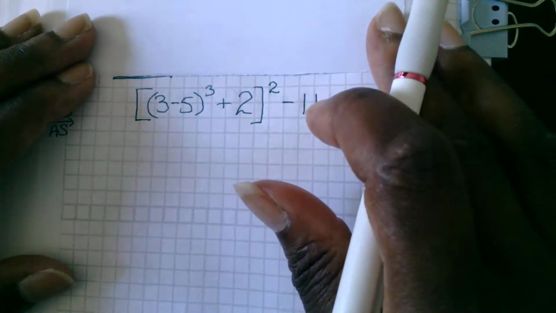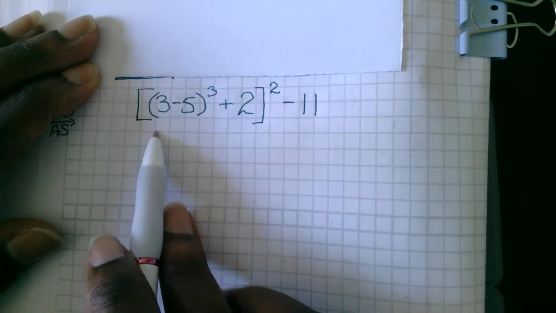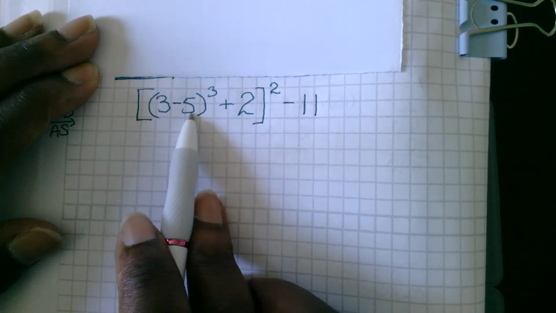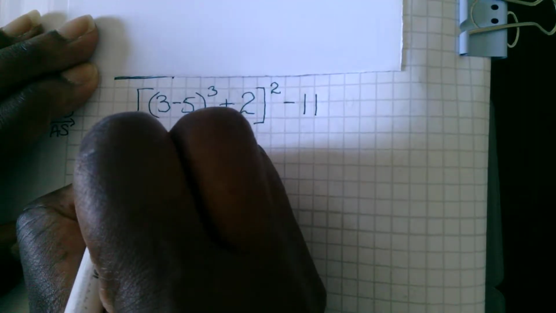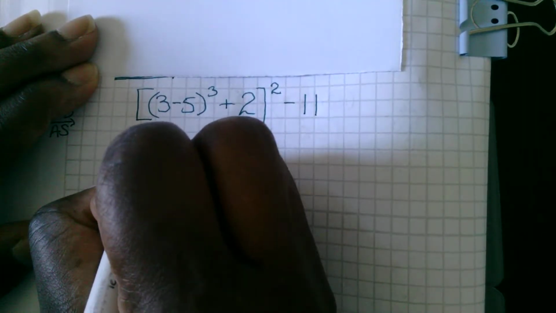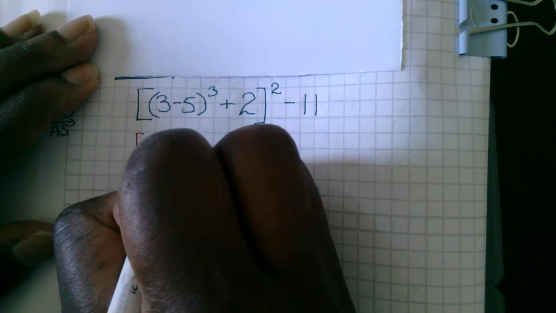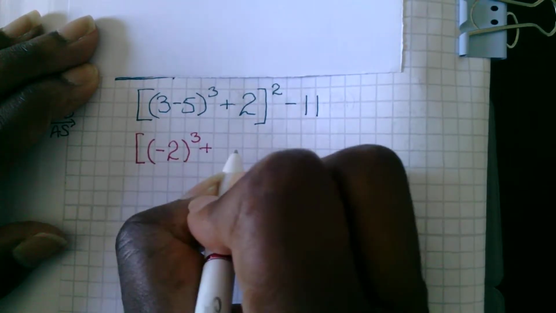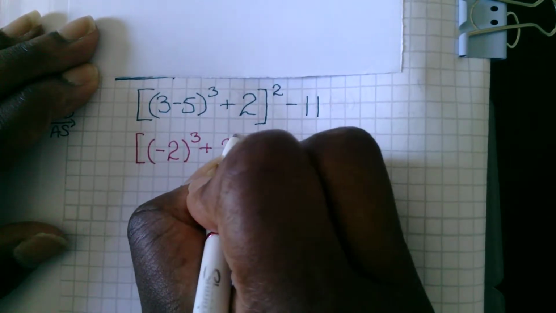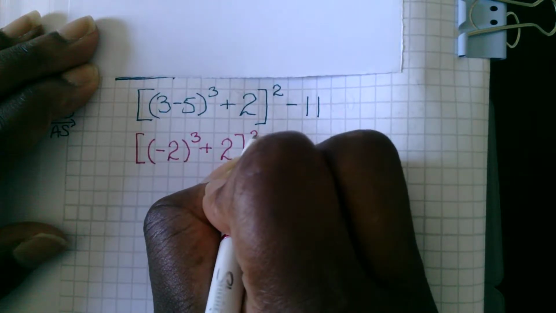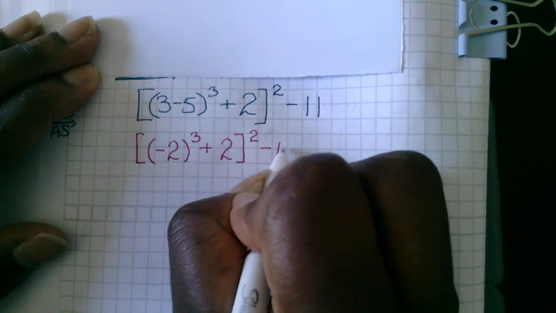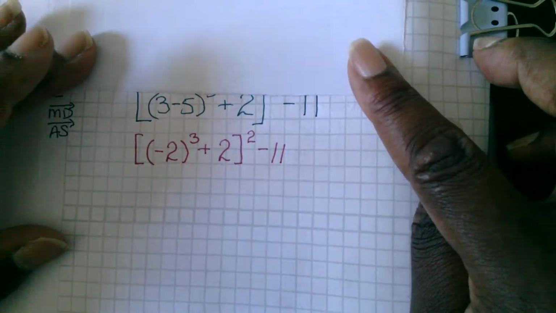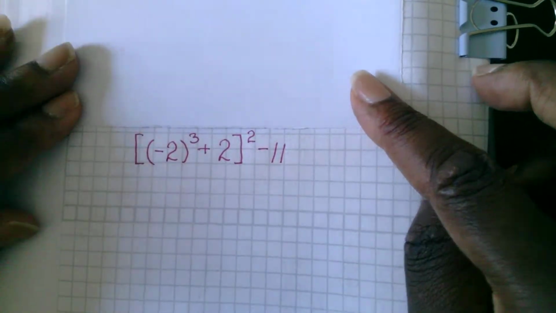Why not? First thing inside of this bracket, I have 3 minus 5. So repeating the bracket, 3 minus 5 gives me a -2. It's going to be cubed plus 2 raised to the second minus 11. Okay, so we bring it on down.